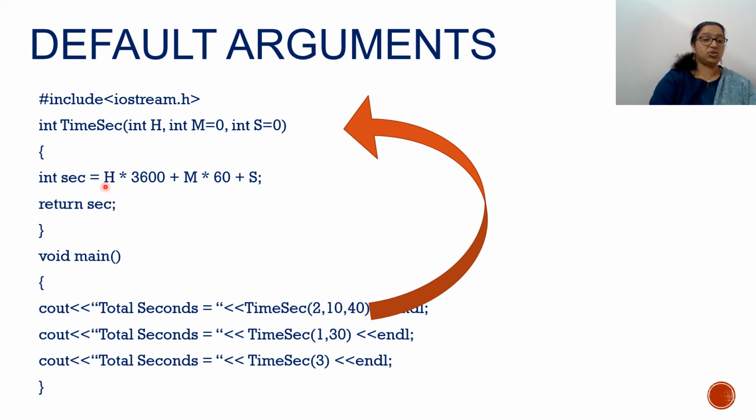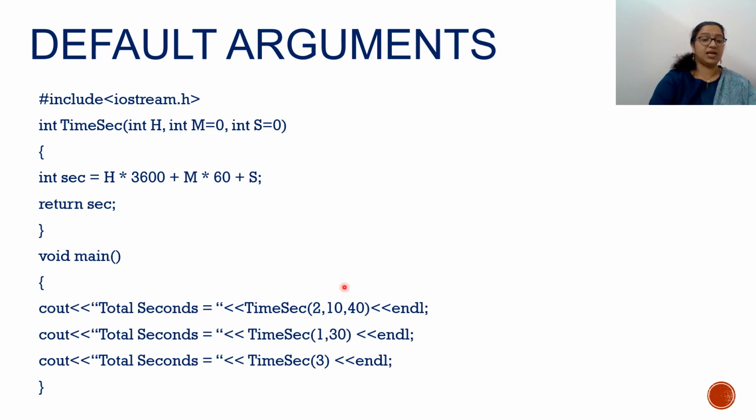So 2 into 3600 plus 10 into 60 plus 40. The value will return on the monitor.